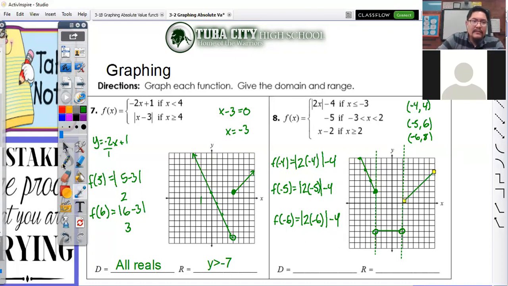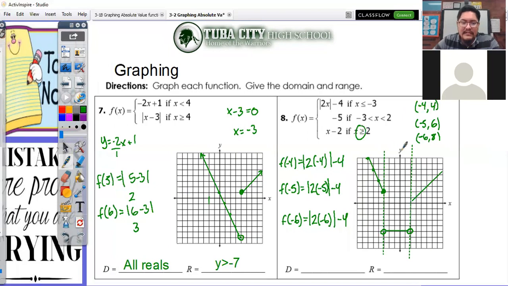And this one will be capped with a filled circle, the closed circle, because it has the or equal to. So we get this thing that kind of looks like an angry face.